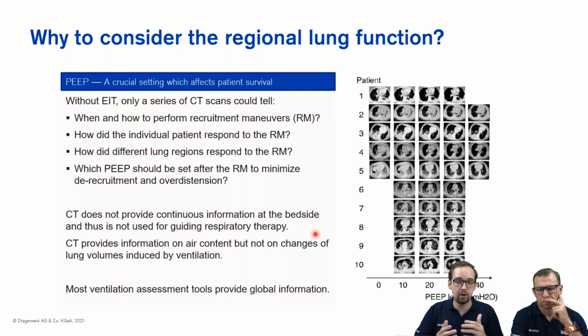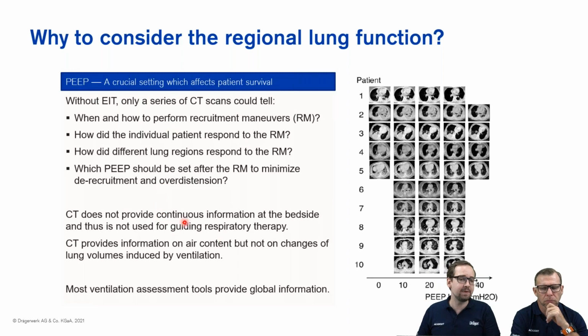We change a certain parameter and see how the lung is doing, just to understand, is this patient a responder or a non-responder? Which regions were opening up? Which ones did not? And of course, to answer the quest for the Holy Grail, which PEEP should I now set after the recruitment maneuver to both minimize de-recruitment and overdistension? So this is the situation that we're in.